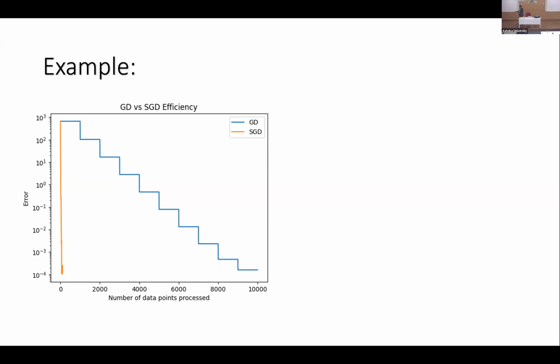In this case, it takes about 10 iterations to converge. But when we compare it with SGD, it's very, very sharp. Let me show you the other figure, because I want to put the x-axis in log scale so that you can see the number of iterations.